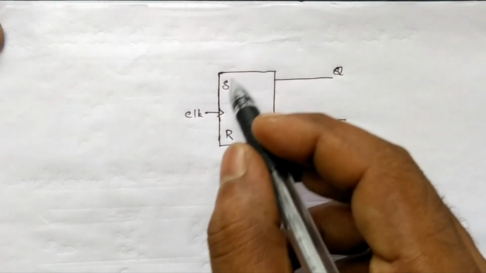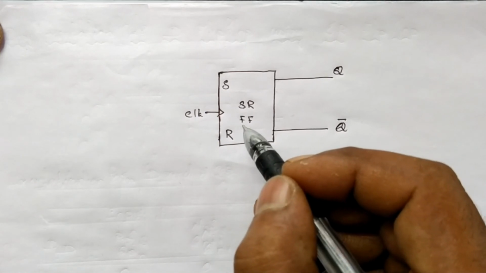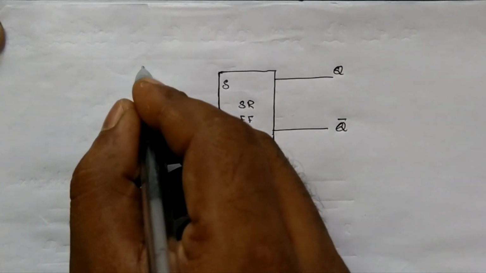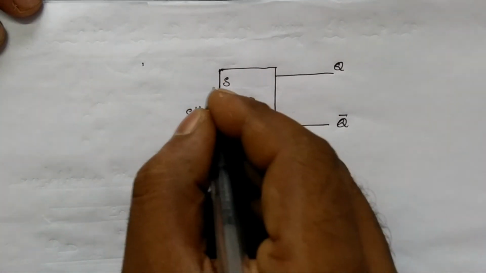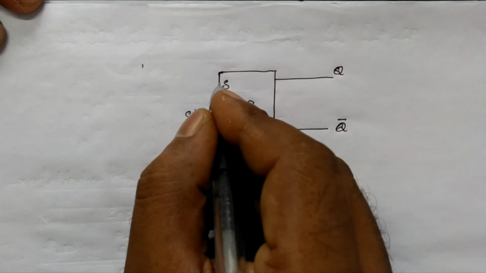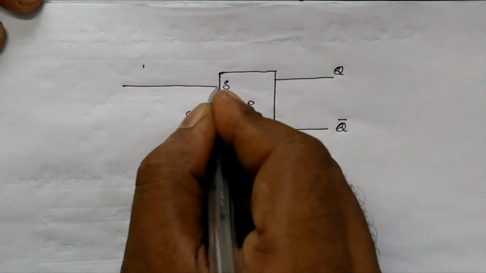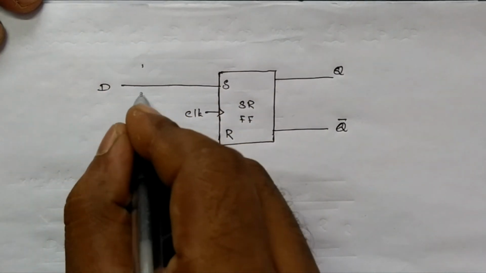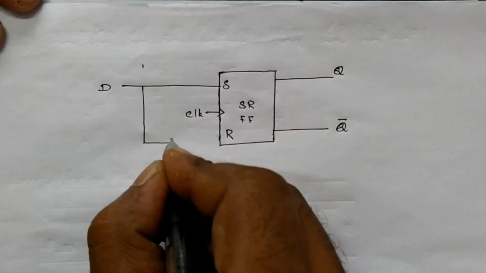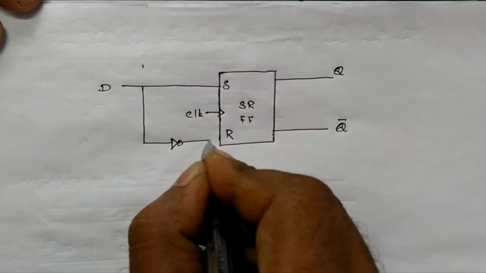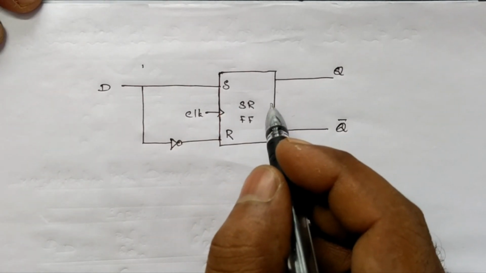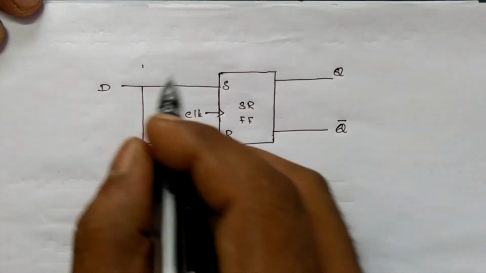We need to make this SR flip-flop look like a D flip-flop. Therefore the input S is connected with D and R is connected with D bar, then the whole SR flip-flop will act as a D flip-flop.